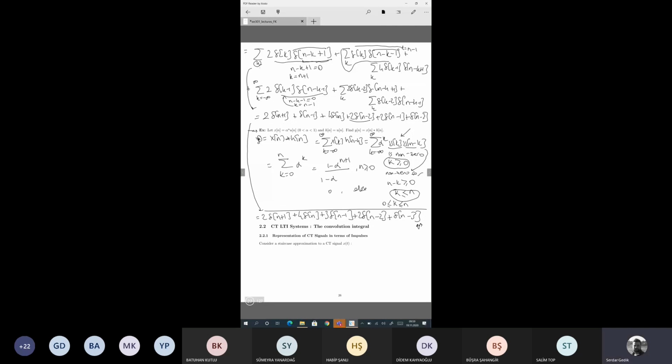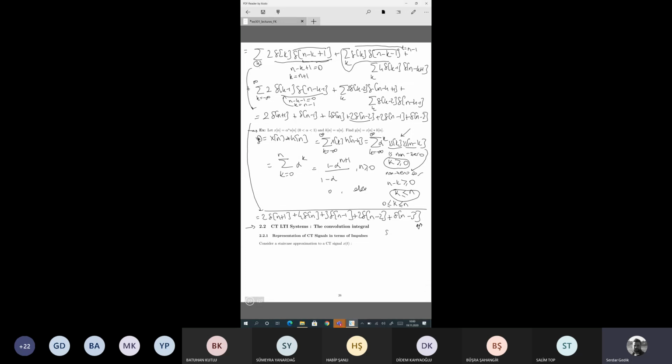So this is the very basic application for the convolution sum. Well, in the second case, we will have the convolution integral. This convolution integral is somewhat tedious to consider.